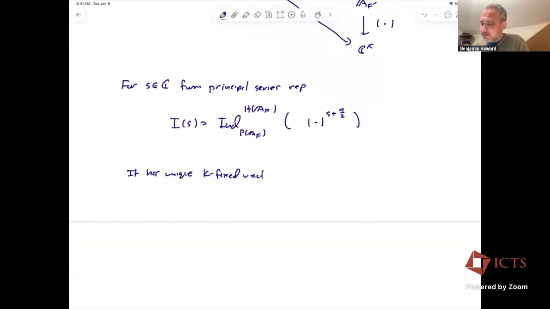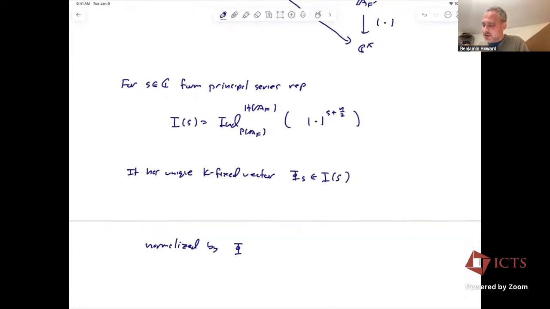K-fixed vector that I'll call phi_s, normalized by demanding that it's a function on H, and I demand that it be 1 for all elements in our compact open.